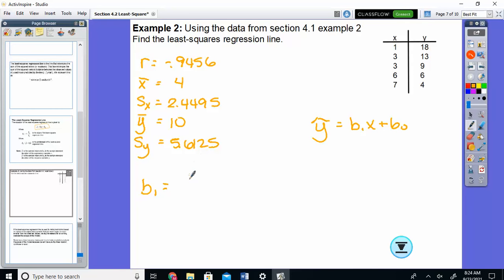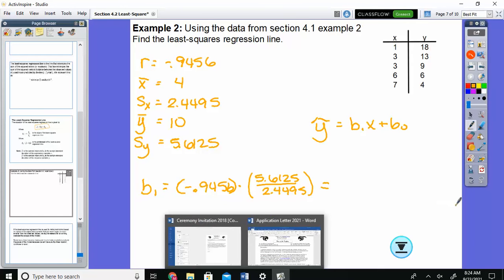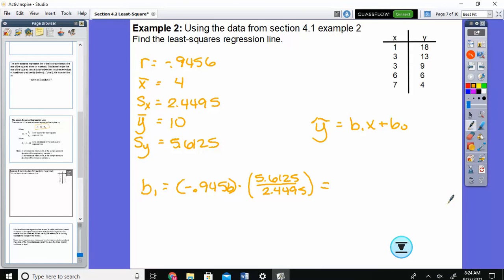On your formula sheet, b sub 1 is r, so that's negative 0.9456, times the standard deviation in y divided by the standard deviation in x. I'm just plugging these numbers into my formula.